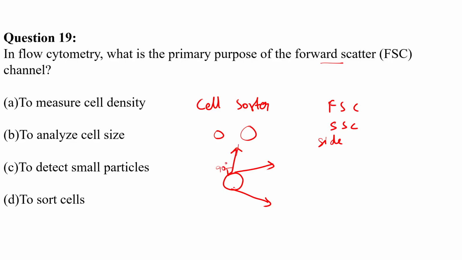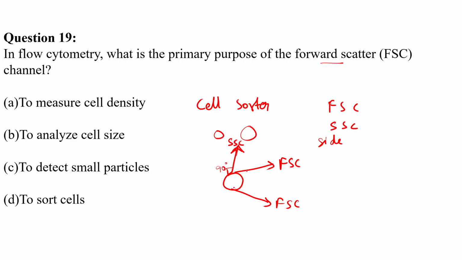This 90-degree, perpendicular scattering is basically the side scatter channel. The forward scatter channel is the one where the scattering happens in the forward direction.